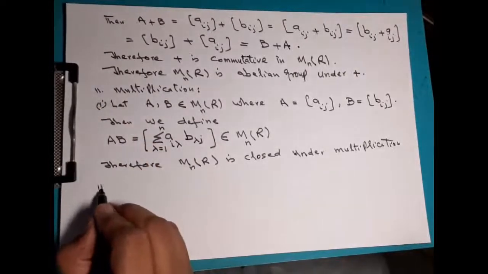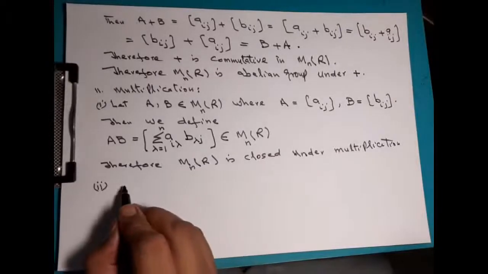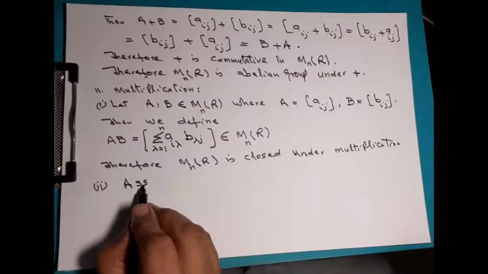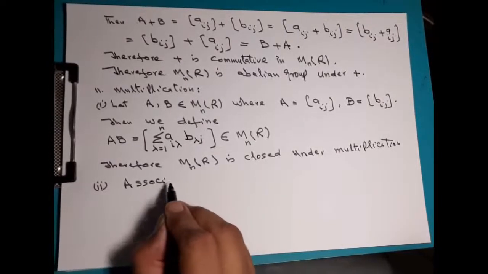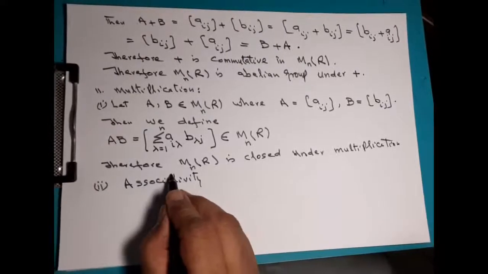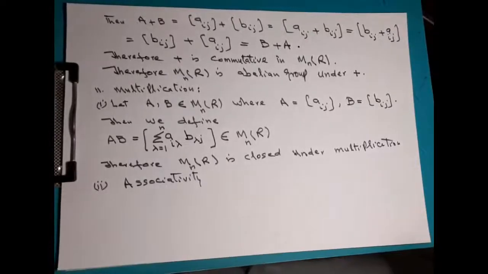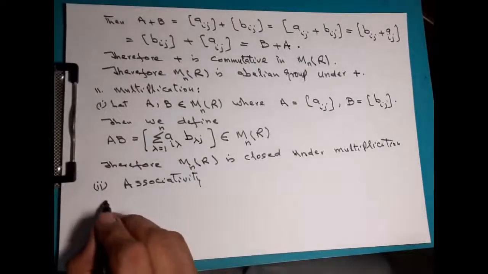And secondly, we have to see that multiplication is associative. So associativity of multiplication. So for associativity, we need three matrices.